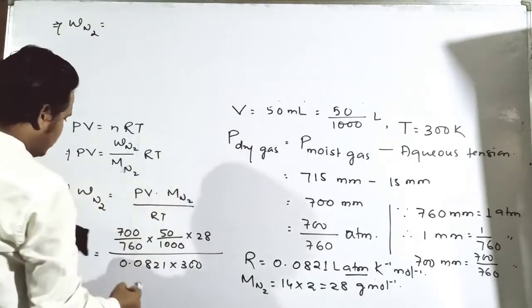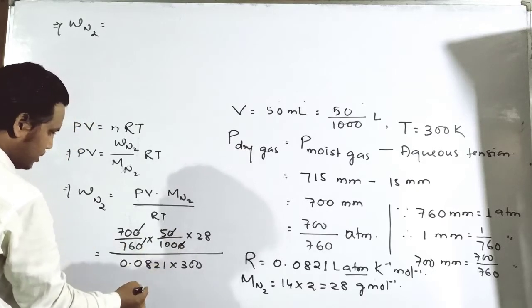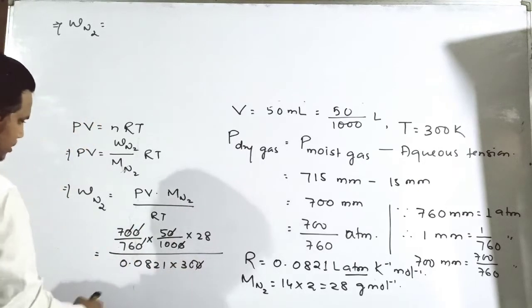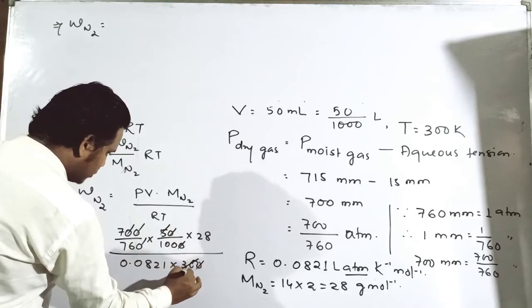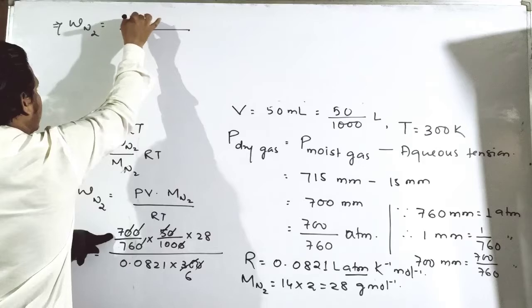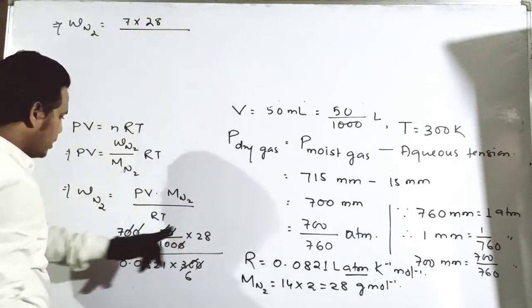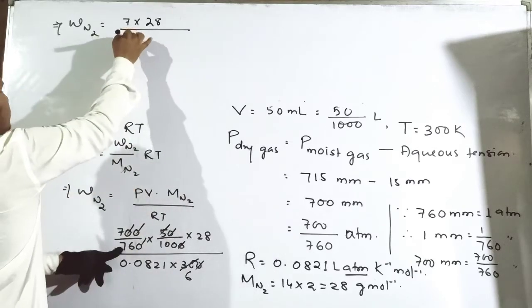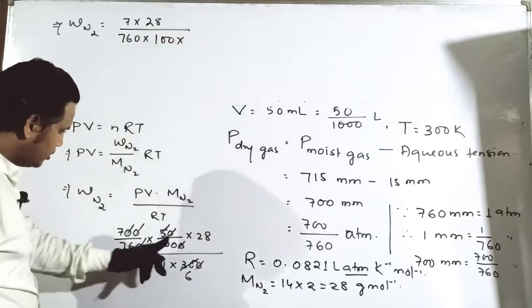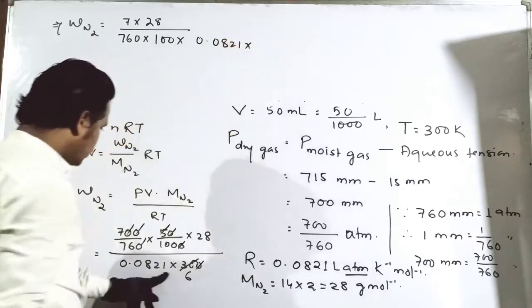The zeros cancel, and 5 sixes are 30. So this will be 7 into 28, divided by 760 into 100 into 0.0821 into 6.